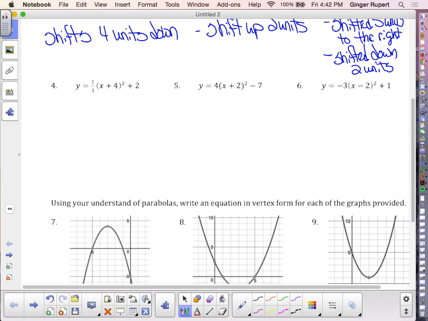Moving on to number 4, again on the front. This 1/3 tells me I have a vertical compression by a factor of 1/3.